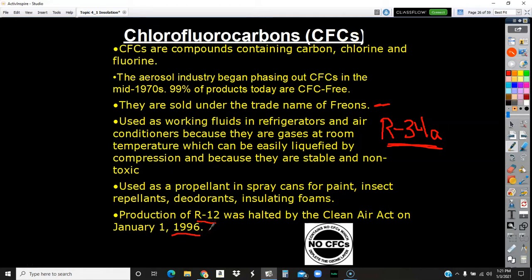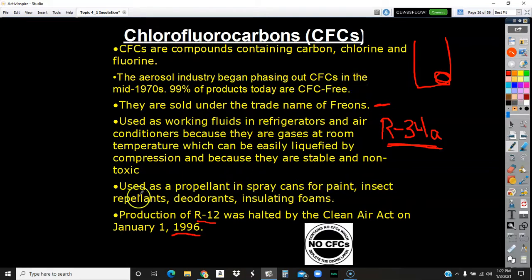And now you'll notice if you look at a lot of your cans, let's say you go around your house and find a spray can of something, and somewhere down at the bottom there'll be this little circle or some kind of writing that says it does not have the CFCs in it, and it doesn't have the chemicals that deplete the ozone layer. These CFCs would attack the ozone layer and cause depletion of the ozone layer, which of course is now going to allow more ultraviolet rays into the surface of the earth. And so that was taken out of there.